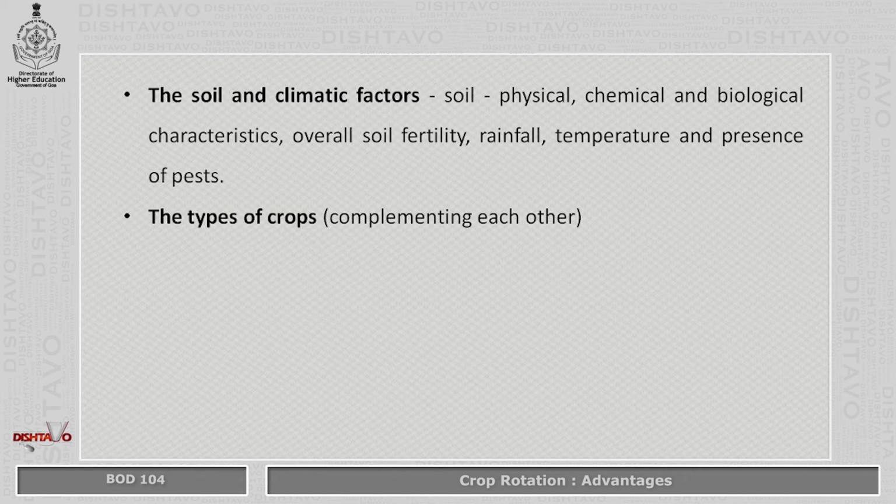With respect to soil, the physical, chemical and biological characteristics, and overall soil fertility; the other environmental conditions such as the rainfall, temperature and presence of pests also need to be considered. And the last one is the types of crop. When you are deciding about the order of rotation, the crops should be complementing one another.